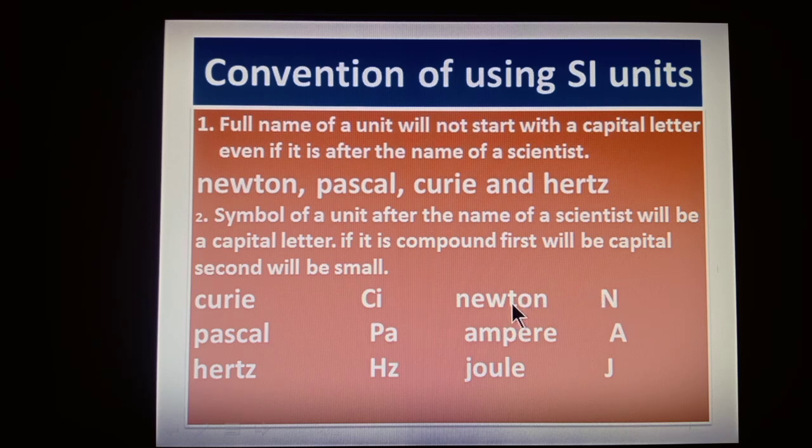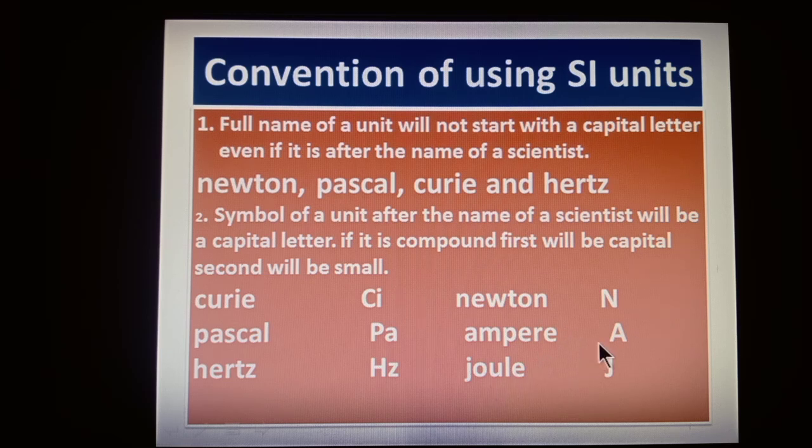Newton was a scientist and newton is the unit of force, so I represent it with N. However, if there are compound symbols, like curie is the unit of radioactivity and its symbol is Ci, the first C will be capital and the second letter will be small. In case of compound symbols, the first will be capital and the second will be small. Look at this, pascal: compound symbol, P will be capital, a will be small.